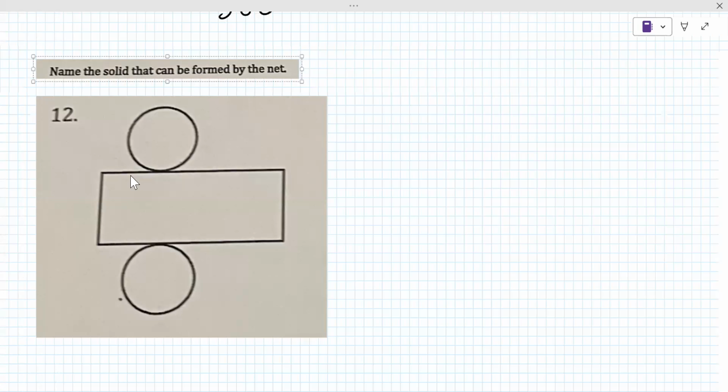I think I would say that right there is a cube. It's got round edges. It's a cylinder. It is a cylinder. Good.